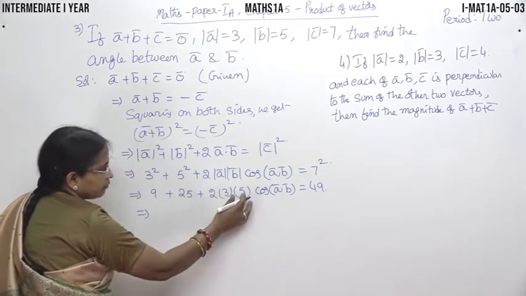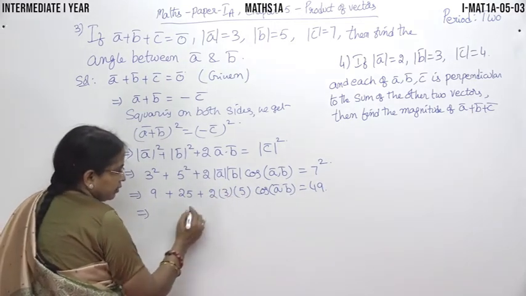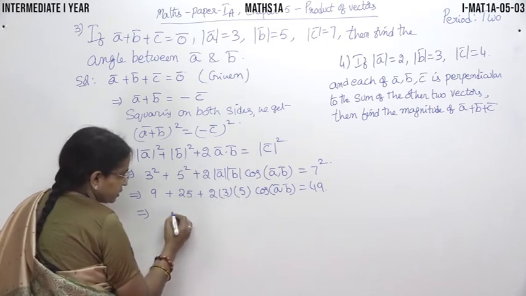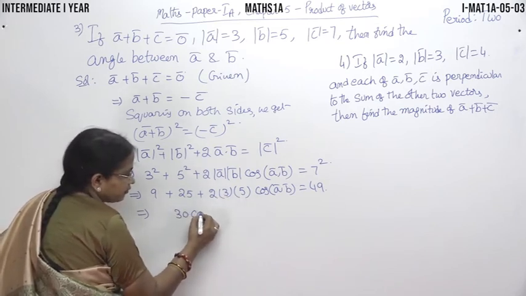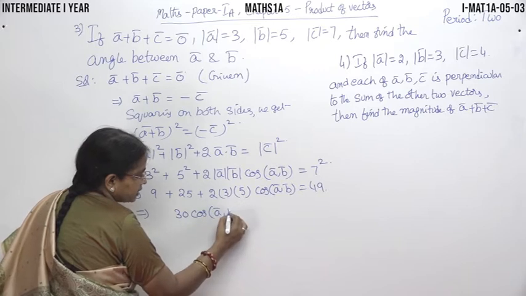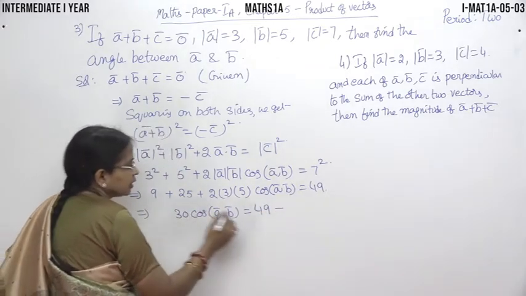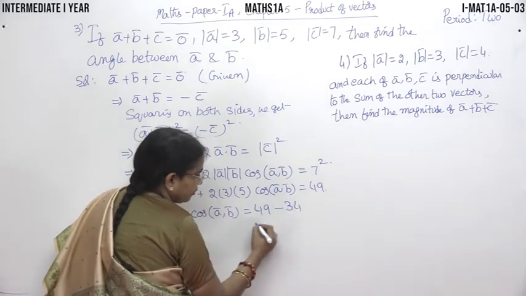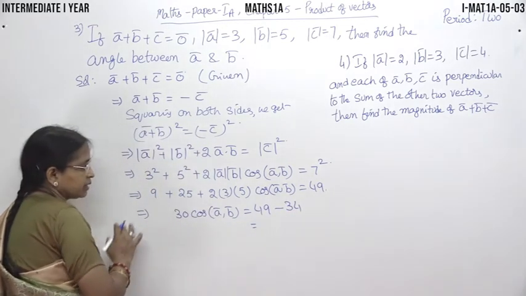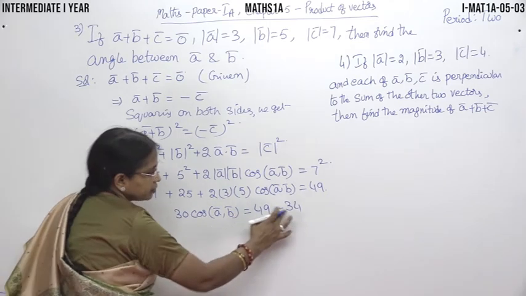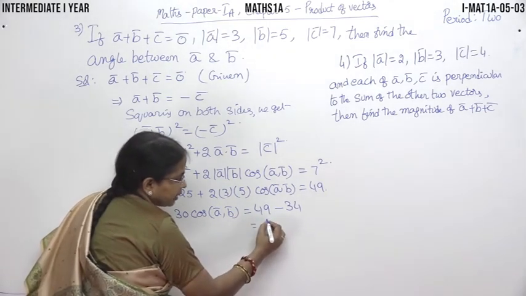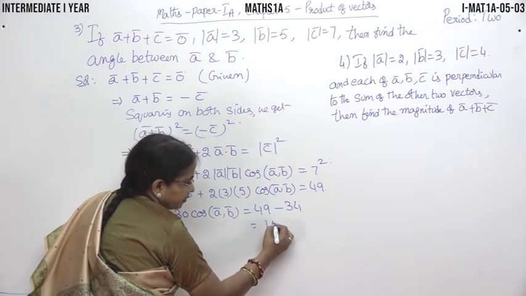So you will get 5 3 is 15, 2 times is 30. So 30 cos of angle between A and B is equal to 49 minus 34. When you add 25 plus 9 it is 34. So when you simplify it becomes 15.